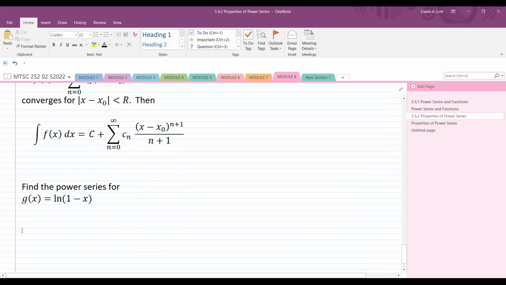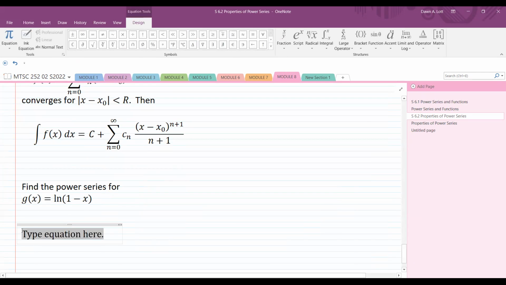All right, so what's the derivative of g? So g prime of x.